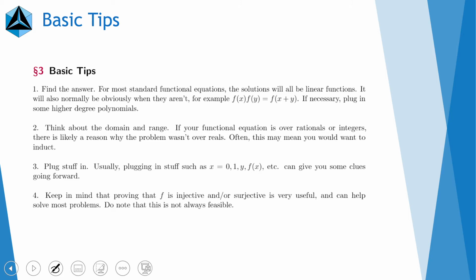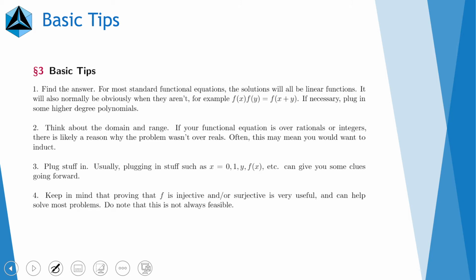So maybe this is a hint that you want to induct, because you can't induct over reals. For example, with integers, you could hypothetically do an induction, which may not work on rationals or reals. Or maybe you could do something with rationals that you can't do with reals. It's just that idea.